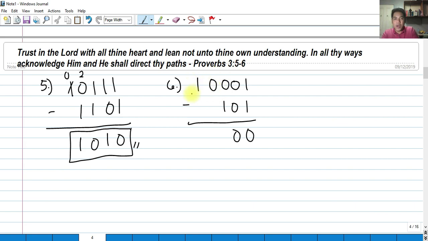So this 0 must borrow first here. So this would become 0, and this would become 2. But this 0 should borrow here. So this should become minus 1. So this 0 would now become 1. And this should become 2. So we can now proceed with the subtraction. So 2 minus 1 would be 1. Bring down 1 here. So our answer would be 1, 1, 0, 0.